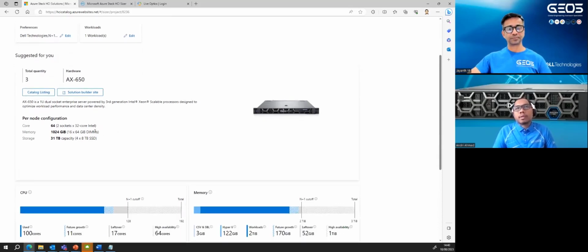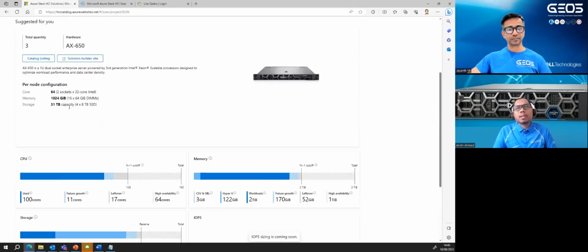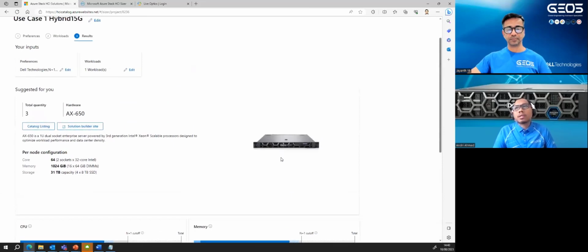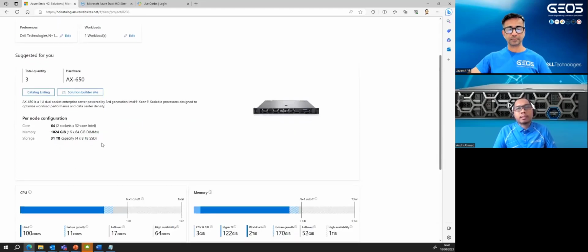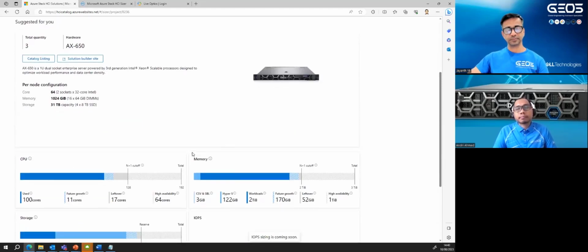So here we have 2 sockets using 32 cores, 1 terabyte of RAM, and 31 terabyte capacity. This is using a single tier all flash, so you have 4 8-terabyte SSDs per node, right?